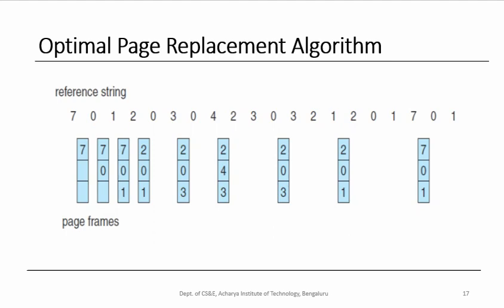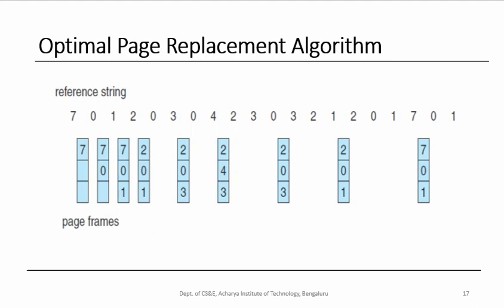In order to overcome that issue, we have one more page replacement algorithm, that is the optimal page replacement algorithm. The name indicates that this is the best page replacement algorithm among all the algorithms that we are going to discuss, and yields the minimum number of page faults.